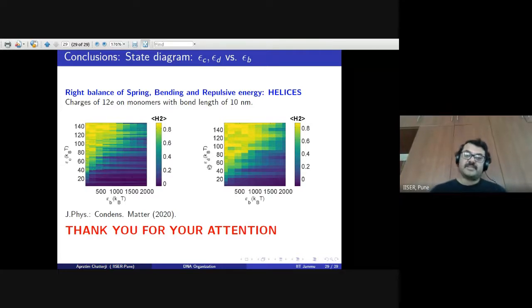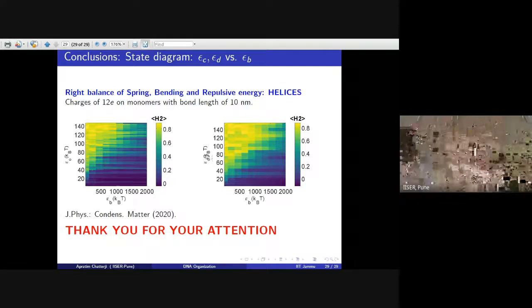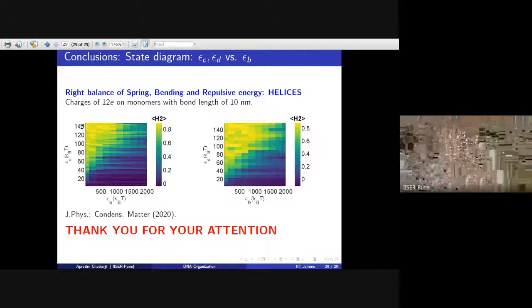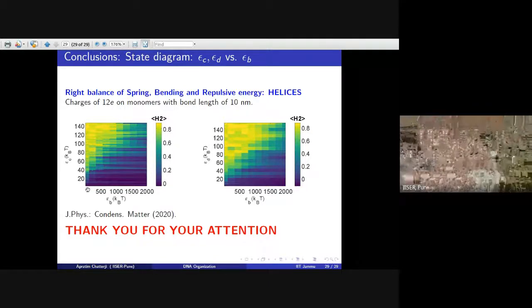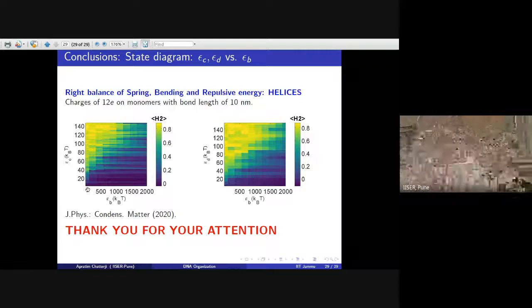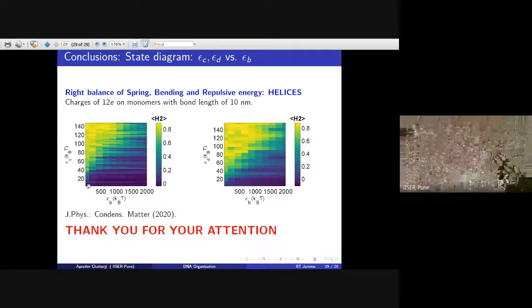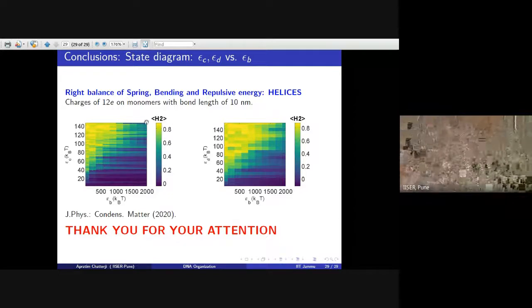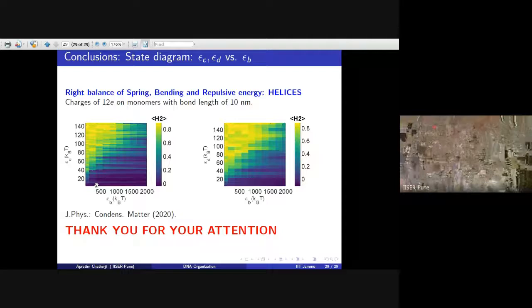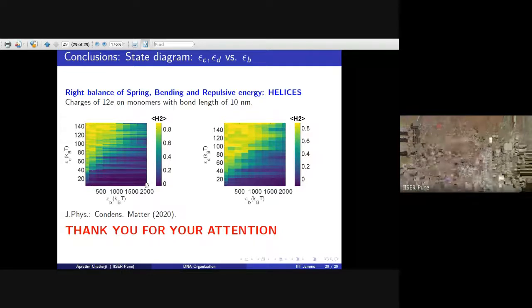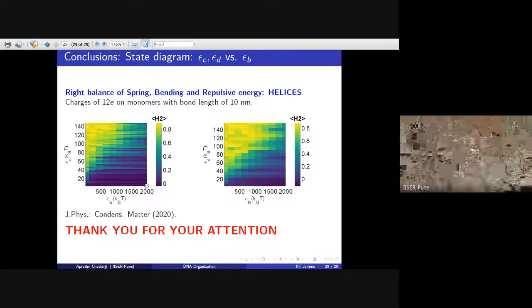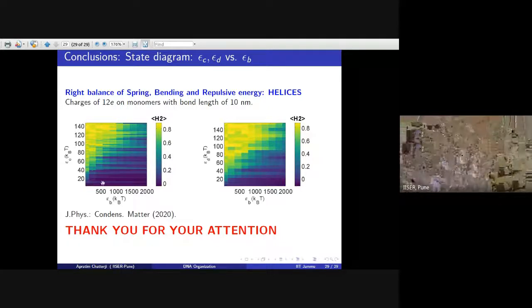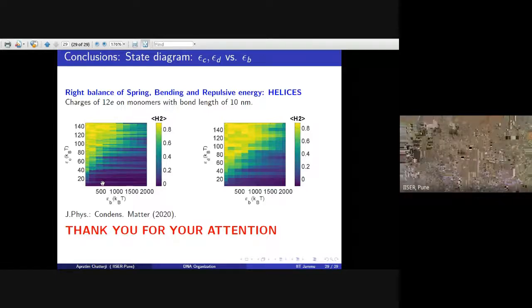The strength of that repulsion is denoted by epsilon T and epsilon C. So we have plotted a phase diagram, or rather a state diagram, of when we get helices. A yellow color H2 means we get helices, whereas if you have extremely stiff polymers, then helices are not formed, because sharp kinks are not formed.